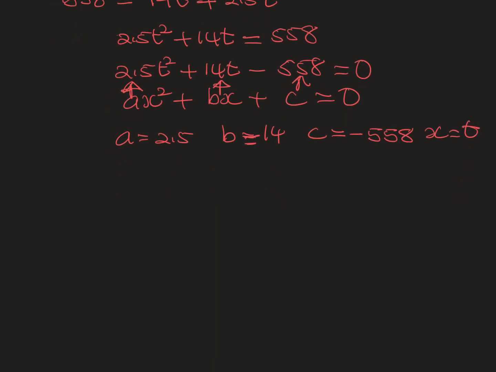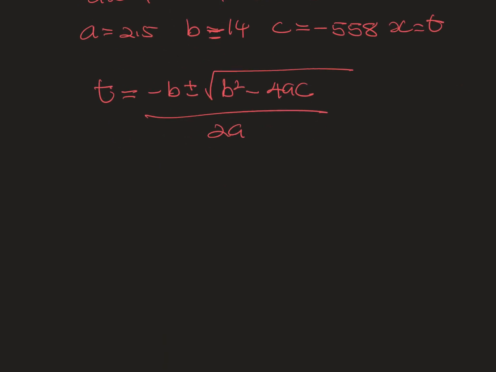So if I want to find t, t equals minus b plus or minus the square root of b squared minus 4ac, all over 2a. That is the quadratic formula.